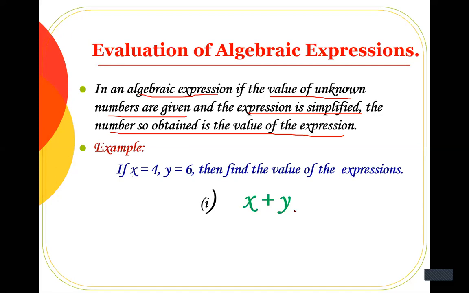You cannot add them together, but if I give you the values of x and y, that is 4 and 6, you can simply simplify it. How will you simplify it? You will replace the variables x and y with 4 and 6. Here you will write equals to, replace x with 4, then the sign of addition, then y with 6. So simply you will write 4 plus 6 is 10. So 10 is the value of the given expression.